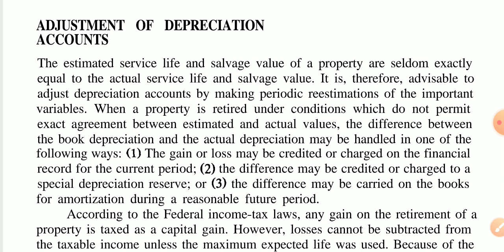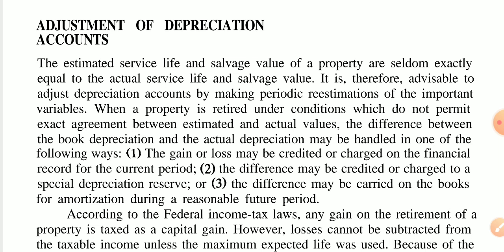When a property is retired under conditions which do not permit exact agreement between the estimated and actual values, the difference between the book depreciation and the actual depreciation may be handled in one of the following ways.